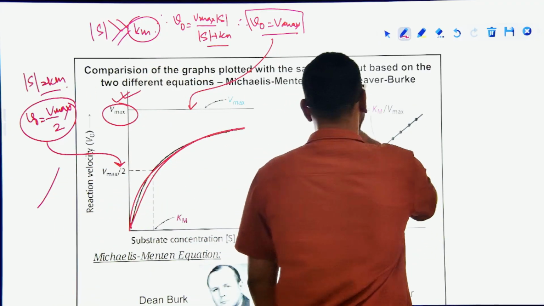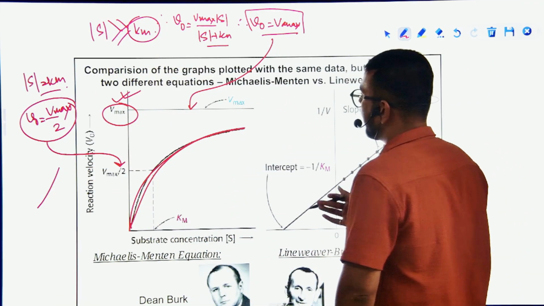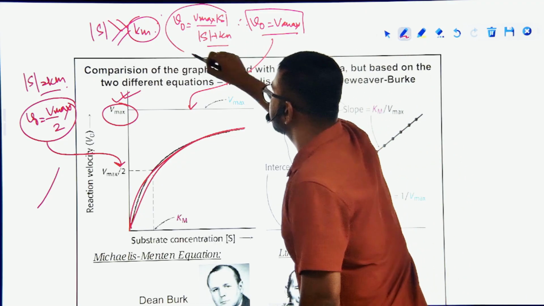Whereas in Lineweaver-Burk plots, we are inverting both the aspects.